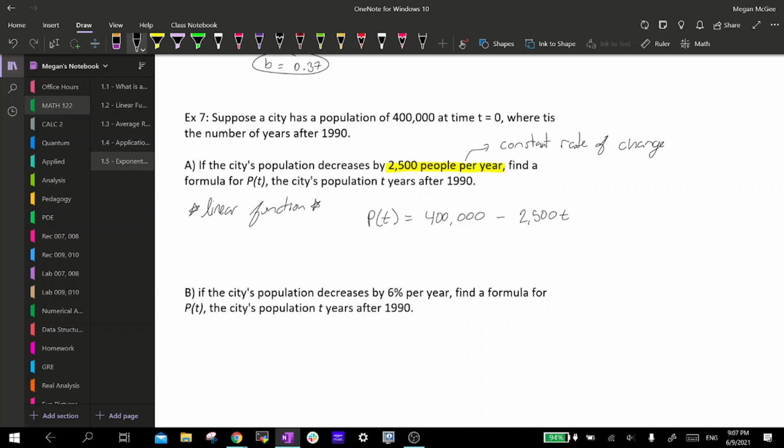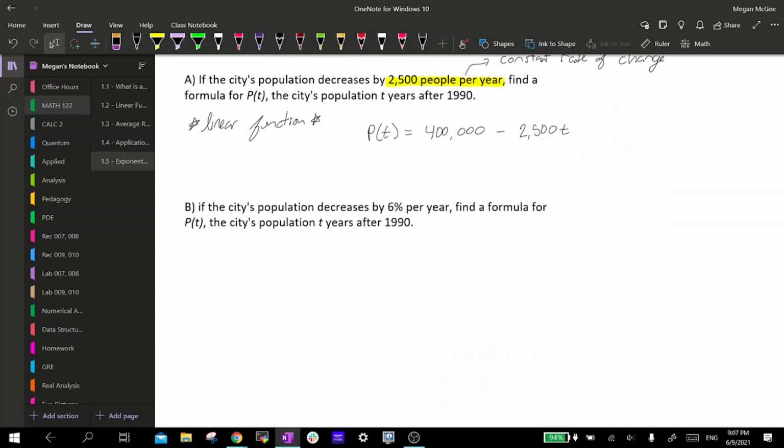Okay, so part B says, what if the city's population decreases by 6% per year? Well, there we have it. We so badly wanted to use an exponential function in part A, and here we get to in part B. So this is the exponential version.